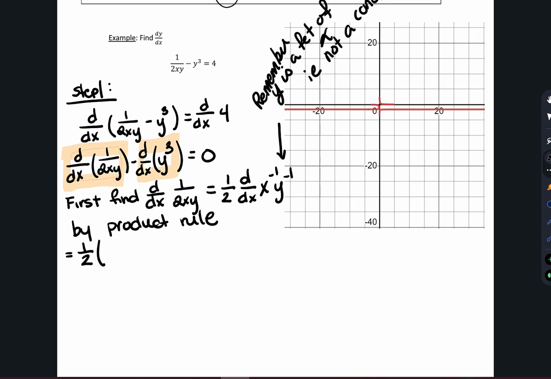If I'm going to apply the product rule, remember we could call x to the negative 1 the u and y to the negative 1 the v, both being functions of x. And so here I could have x to the minus 1, and then I need to take the derivative of the second function. So that is going to be the derivative with respect to x of y to the minus 1 plus the derivative, oops, that should be an x there, not a y. Fix that.